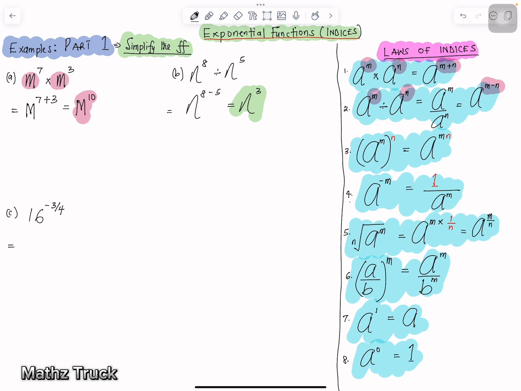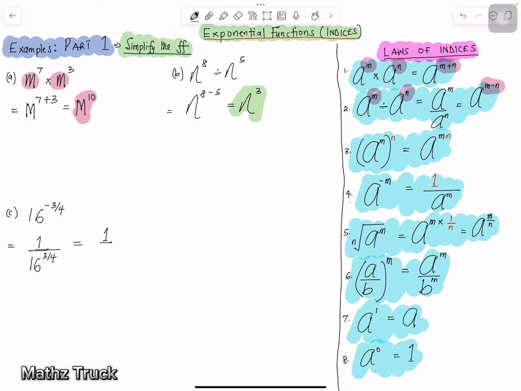1 over 16 exponent 3 over 4. Now we can further simplify this as 1 over 16, where we can change the base.